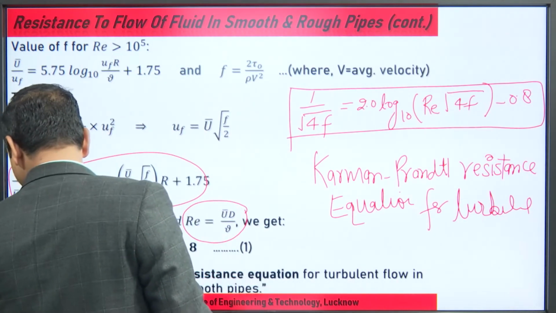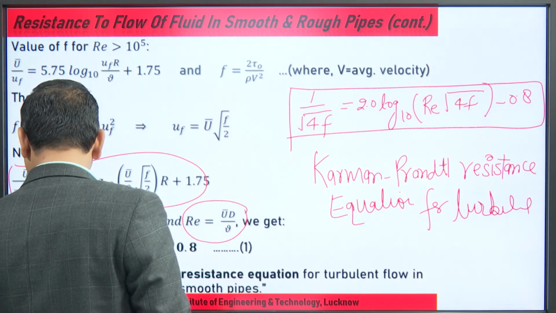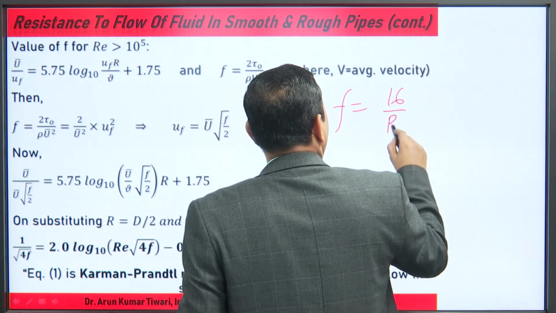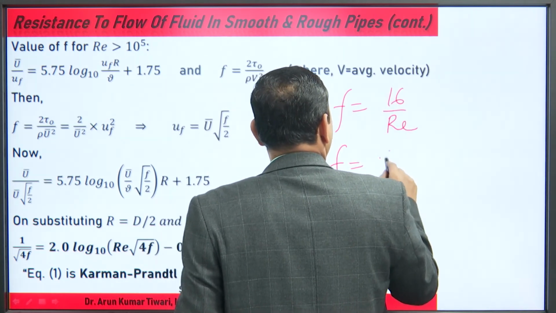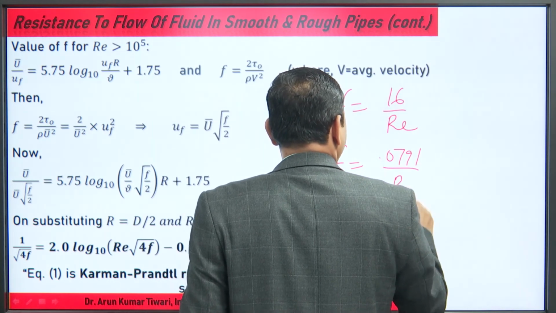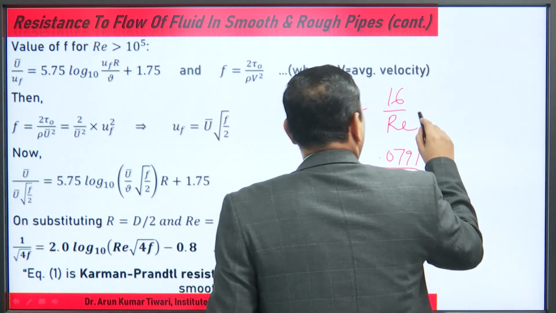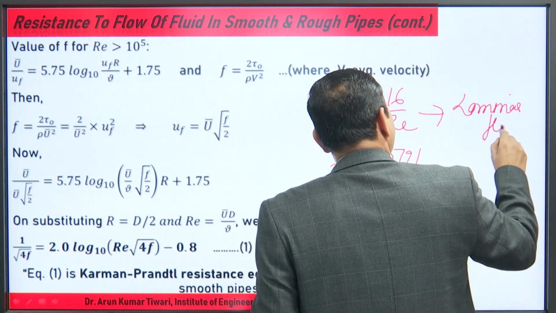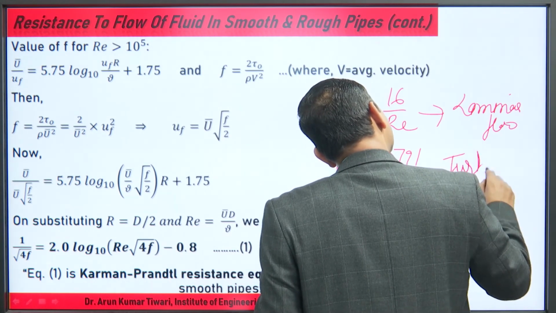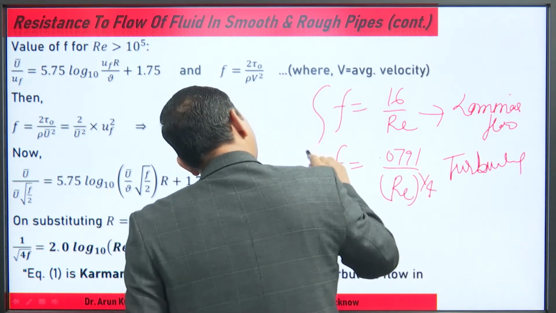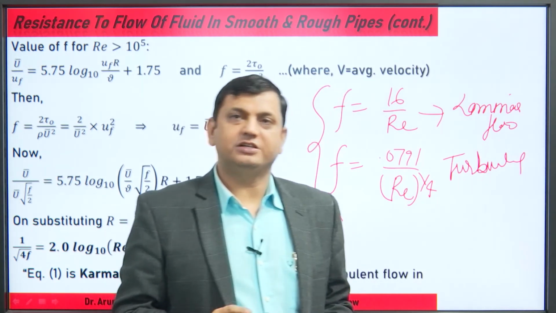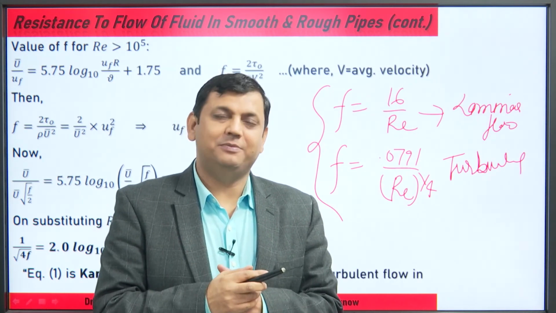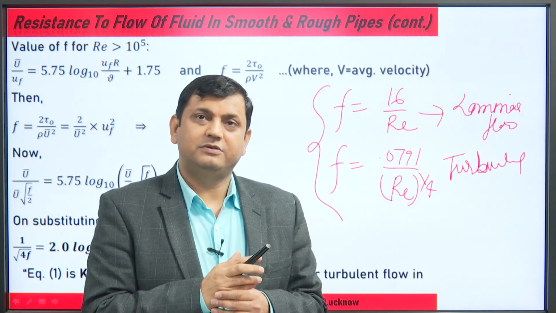We already calculated that F is 16 upon Re, and 0.079 upon Re to the power 1 by 4. This one is for the laminar flow, and this one is for the turbulent. So only the F is changing. What is the condition? The flow behavior is changing, from laminar to turbulent, as fluid flows through the pipes.